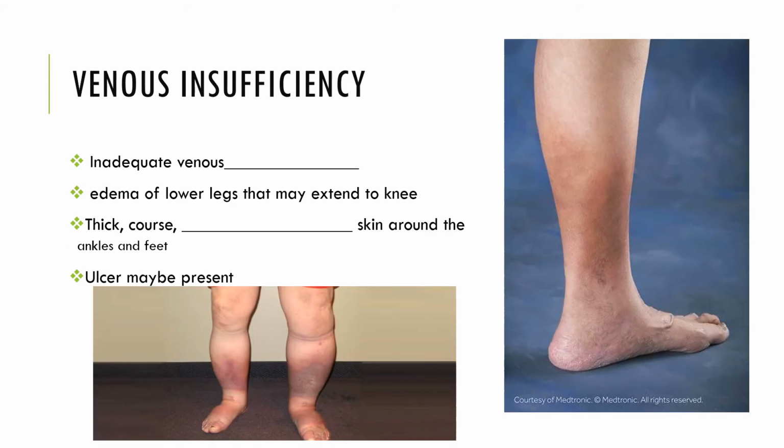Venous insufficiency is an inadequate venous return. This can have edema of the lower extremities that may extend up to the knees. There is thick, coarse, brownish skin around the ankles and feet, and ulcers may be present.